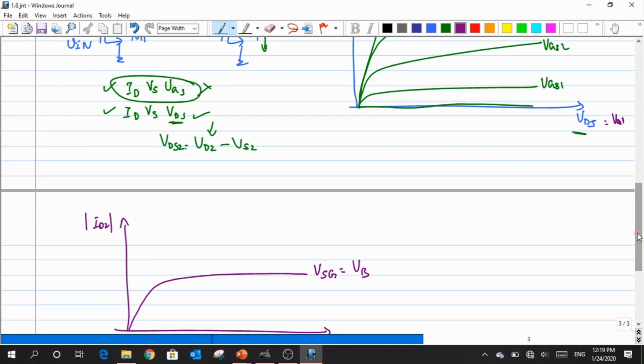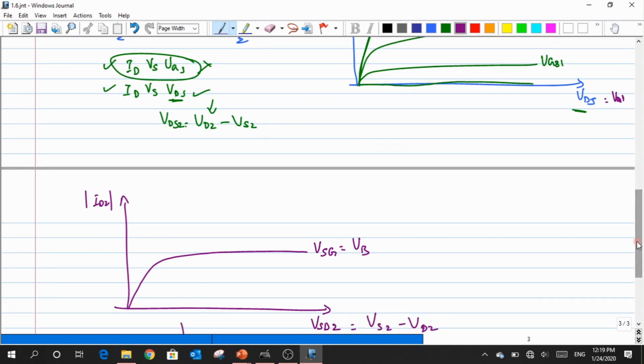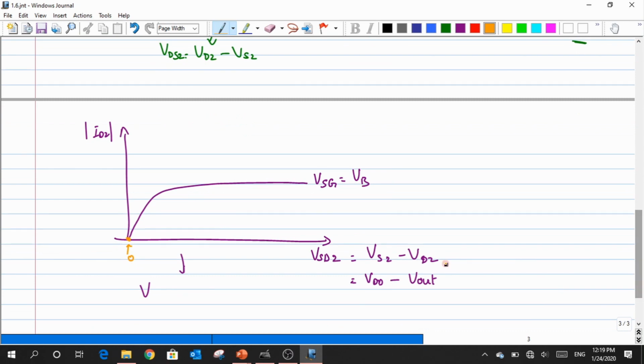So whatever point I have here has to be mapped onto this, right? Is it okay that I'm just switching between these two graphs with not enough room between them? Okay. So let us take this particular point where my VSD2 is basically equal to 0. Now I substitute that value over here in order to translate this entire quantity in terms of Vout.